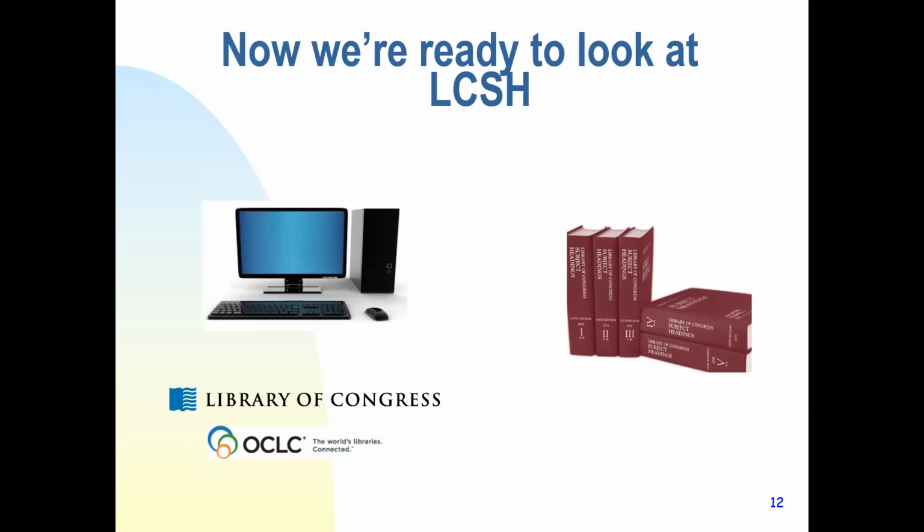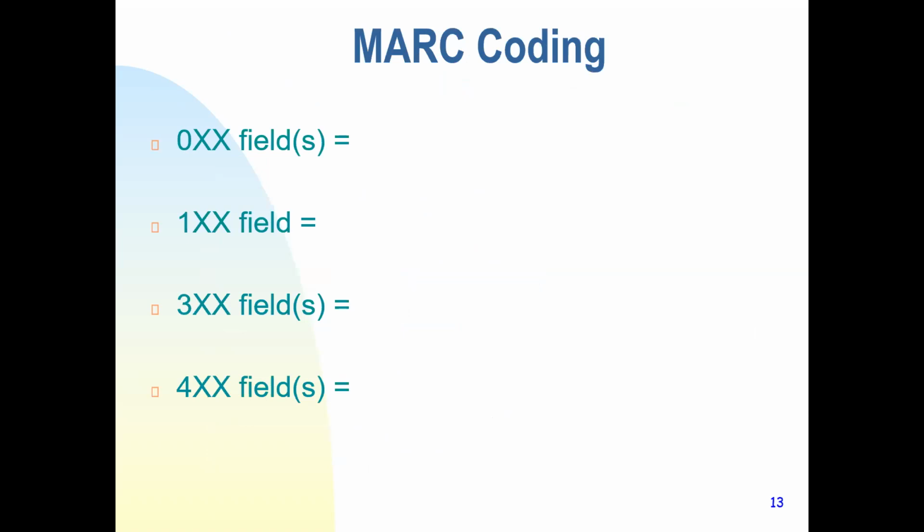Now we're going to look at some examples, and in particular, we're going to start by looking at some of the MARC coding of the authority records, just to review what we did in Introduction to Authorities last month, or if you didn't watch that one, then this might help you to review what you already know.